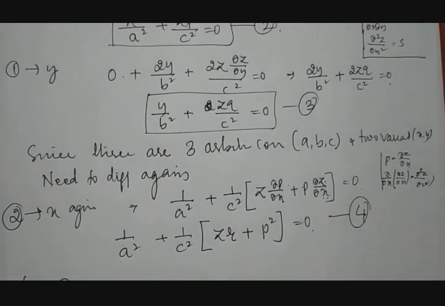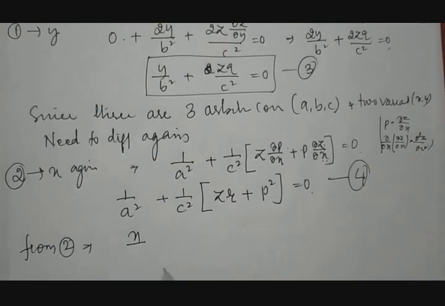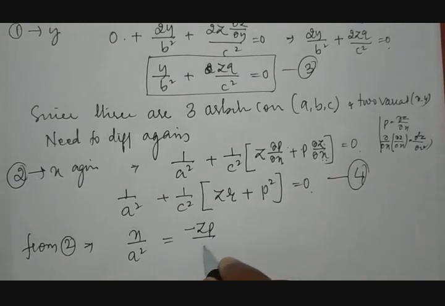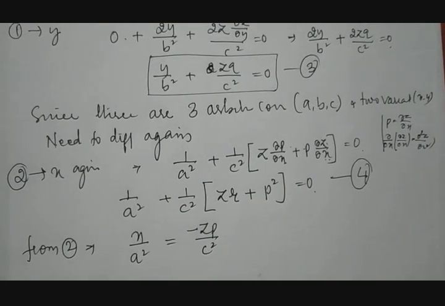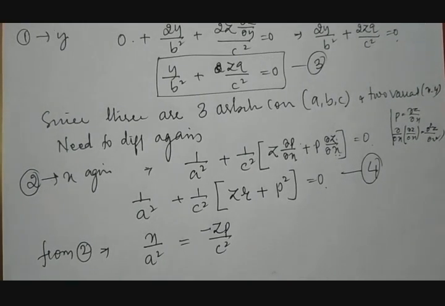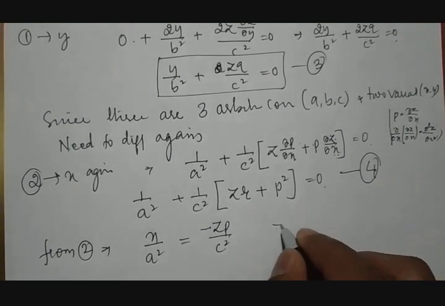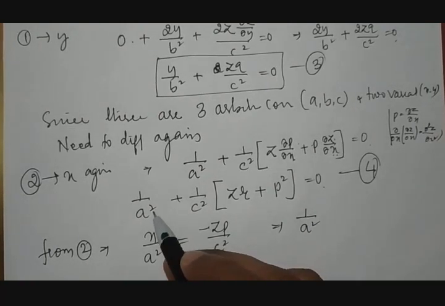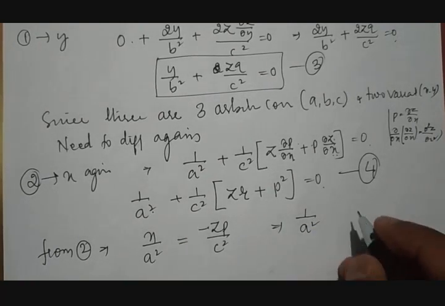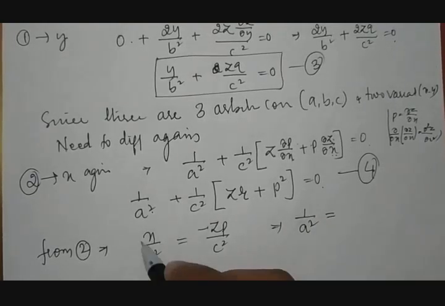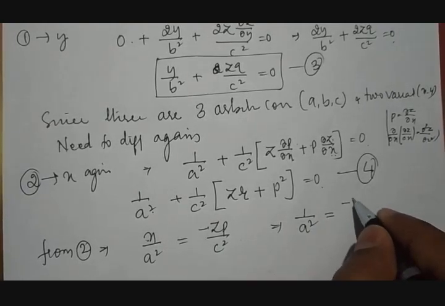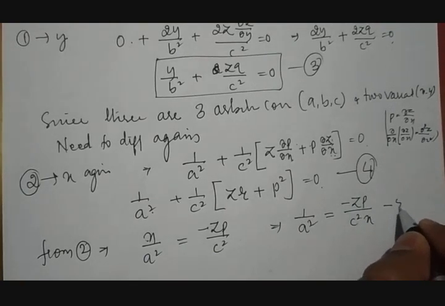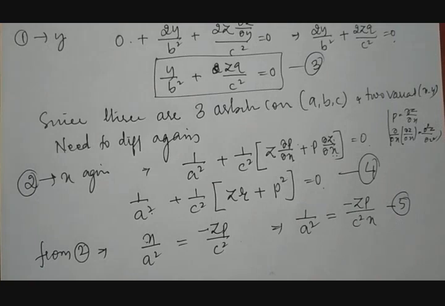It can be written as x divided by a square is equal to minus zp by c square, just sending a term from LHS to RHS. Or else this is nothing but 1 divided by a square, because here we need 1 by a square to substitute. So 1 divided by a square is equal to, this x goes to the other end, then it becomes minus zp divided by c square into x. This we call equation number 5.